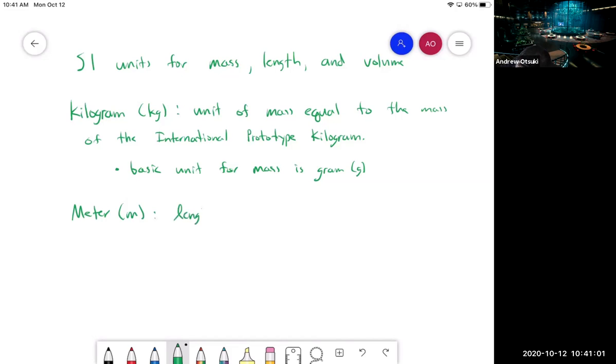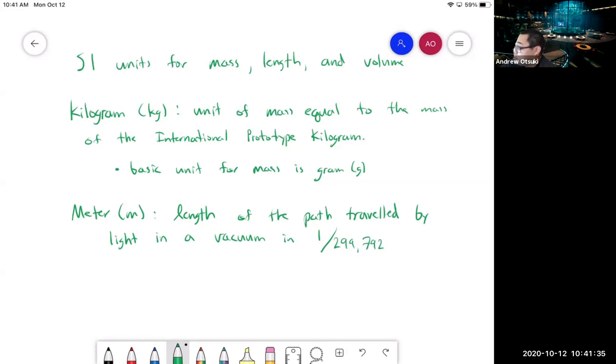Length of the path traveled by light in a vacuum in 1/299,792,458 seconds. So do not worry about that definition. That is just a definition of a meter.